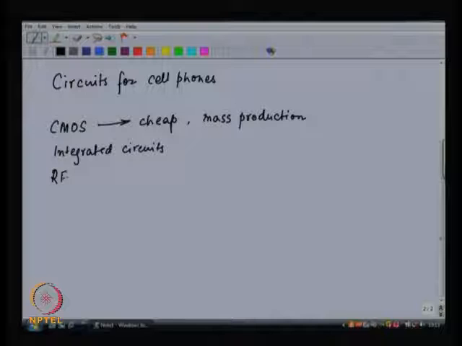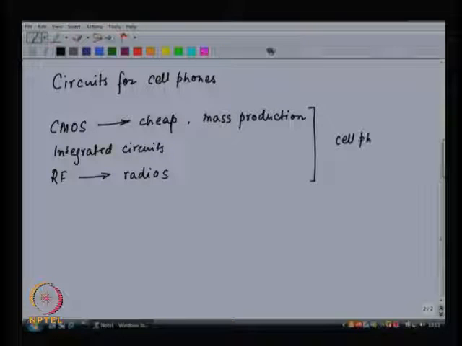The third thing is radio frequencies. Okay. So, all radios come under this category. So, what are cheap mass produced integrated circuits that are also radios? Cell phones. Okay. Cell phones are the largest market ever, and largest electronics market ever is in cell phones, and these are becoming tiny, compact.